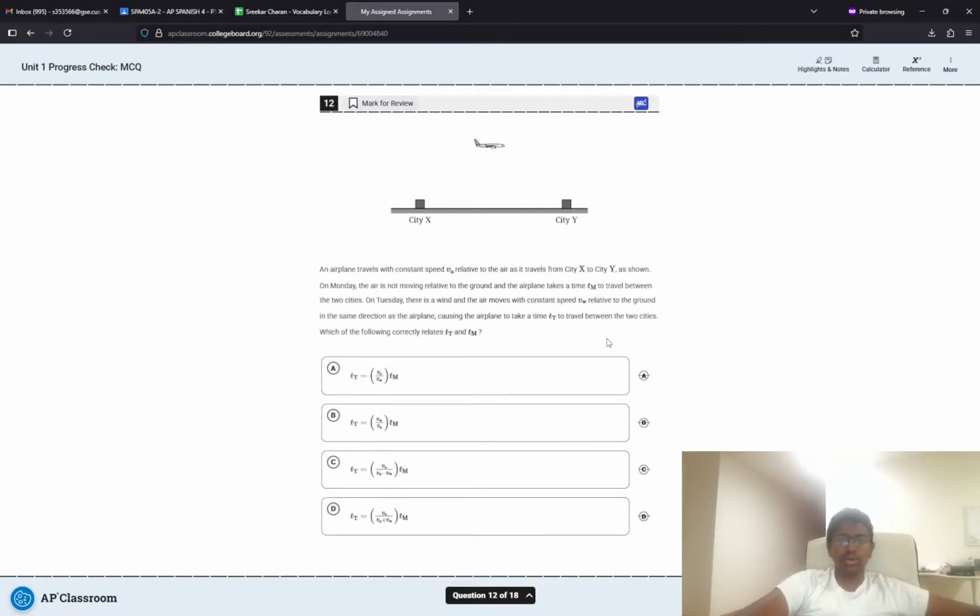An airplane travels at constant VA relative to the air. It travels from city X to city Y. I think TR should be less than TM. By what ratio? Right, that's the question.